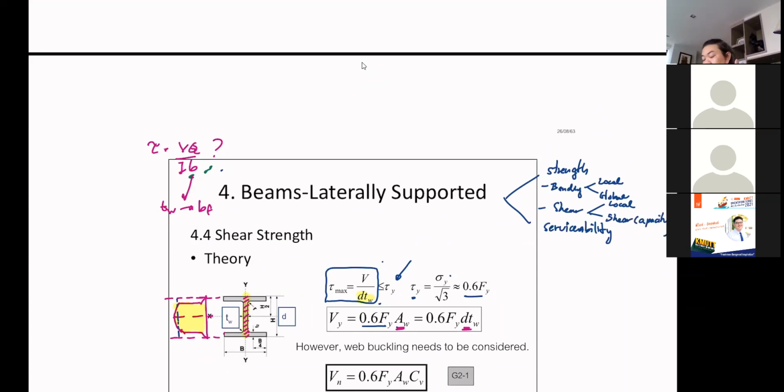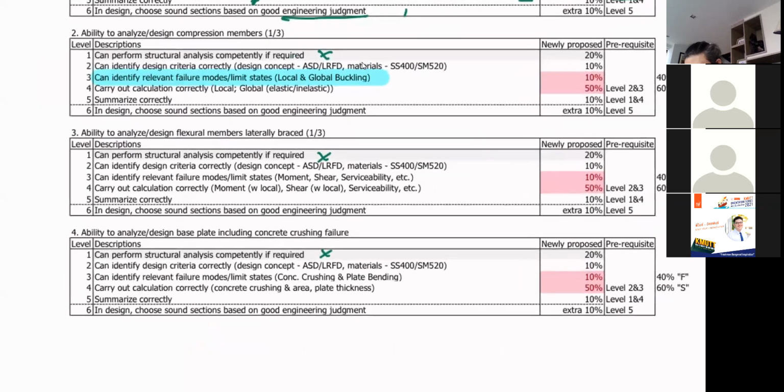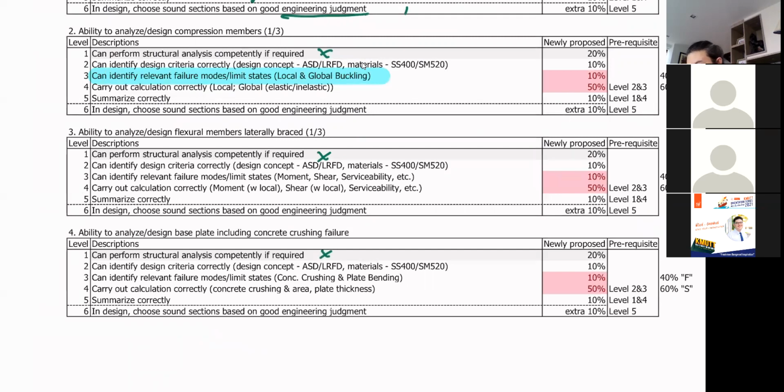Okay, so generally there are like 5 issues in all if you are going to design one beam. And if you go back and look at your rubric, should I show you a little bit here? Outcome rubric. When you design the flexural members, let's say you carry out your flexural analysis correctly, you get the right bending moment, you must identify design criteria correctly, and then failure modes.